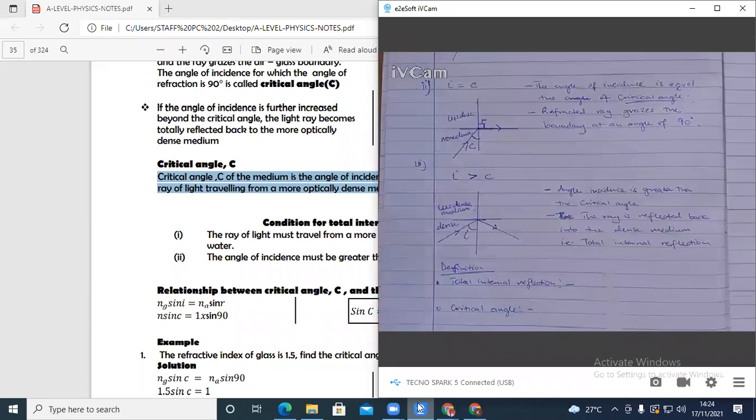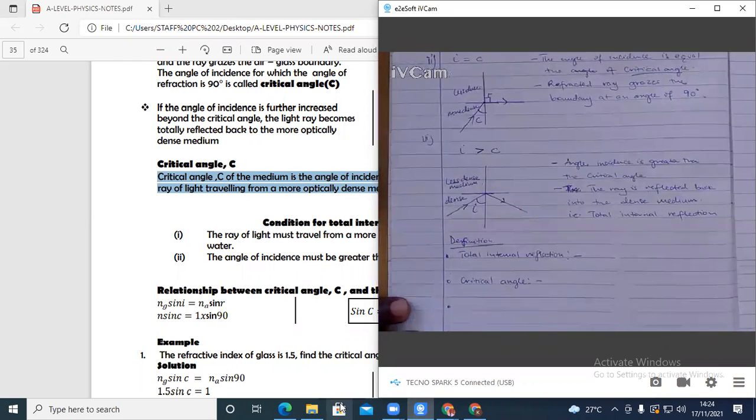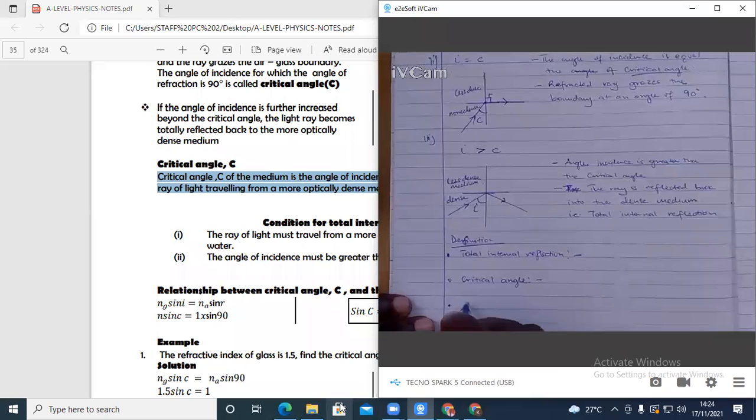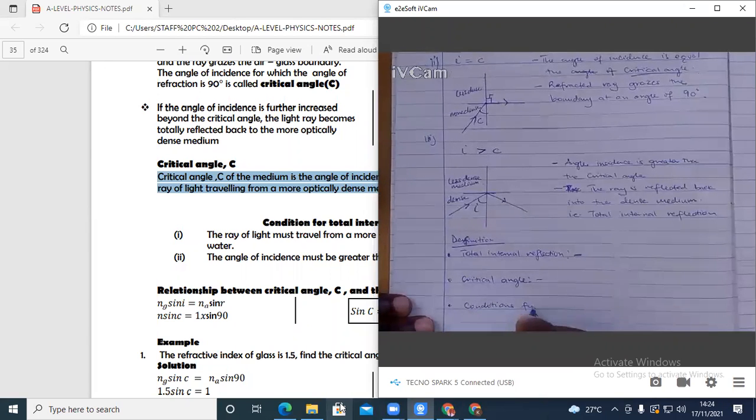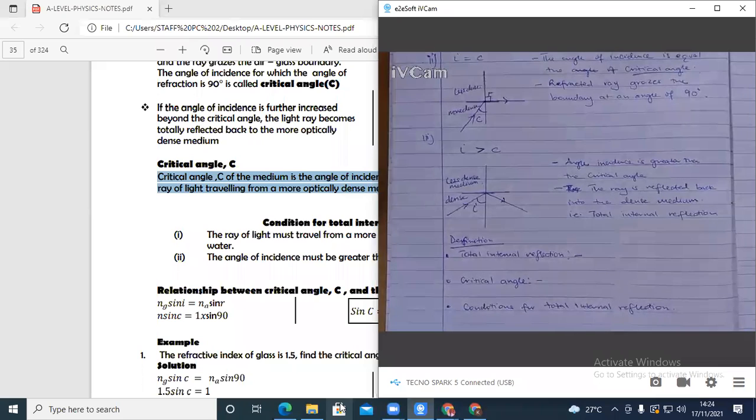Okay. Then the second thing you should take note of is the conditions for total internal reflection. What are the conditions for total internal reflection to take place? There are two conditions, and we have already seen them.